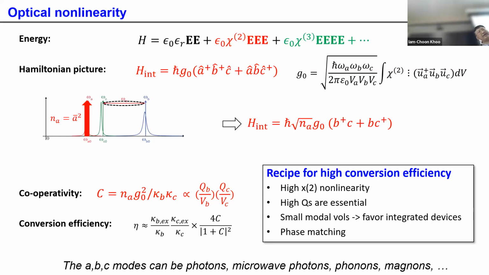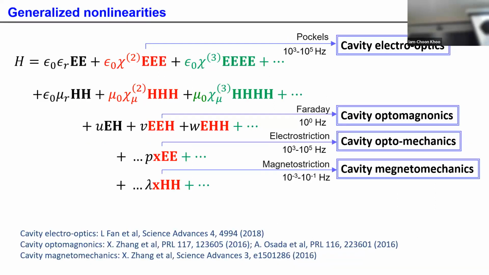If you think of it that way, the nonlinearity can be very generalized. If your nonlinear medium has an optical photon, a microwave photon, and a phonon, you should write all the interaction terms here. Each of these terms is a chi2 nonlinearity that describes the quadratic coupling of a nonlinear chi2 material.